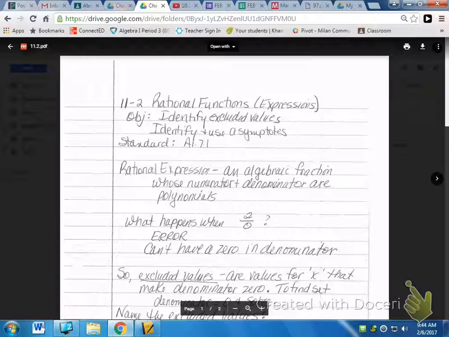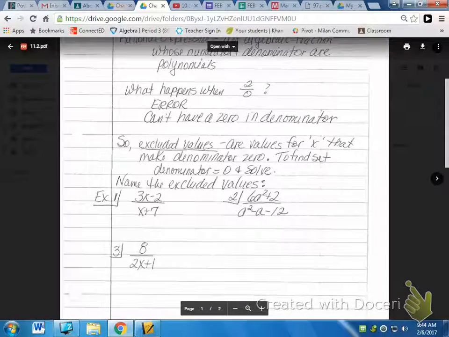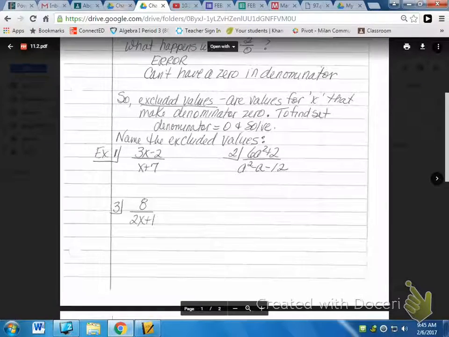So we are now going to take away that assumption that no variable is 0, and you're going to figure out what are called excluded values. That means what values for x would make the denominator 0. So you're thinking, okay, I don't want the denominator to be 0, so what would make it be 0?